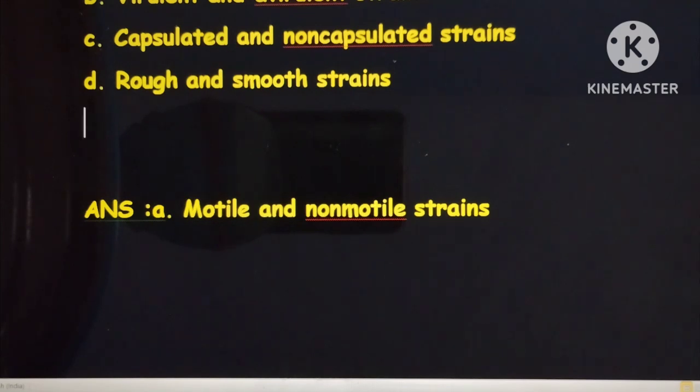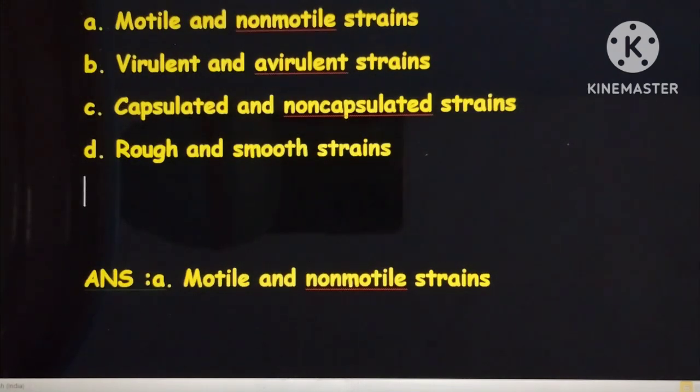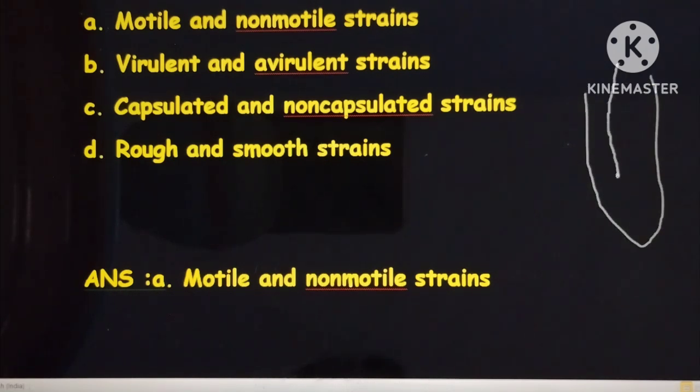Actually this is easy friends. You just remember the Craig's tube is mainly for differentiating motile and non-motile strains. There will be a test tube, and inside it there will be a small tube.